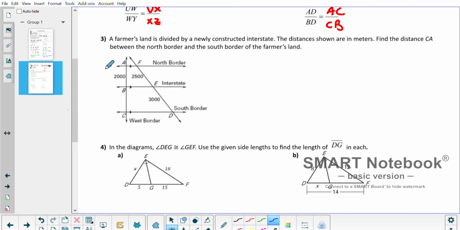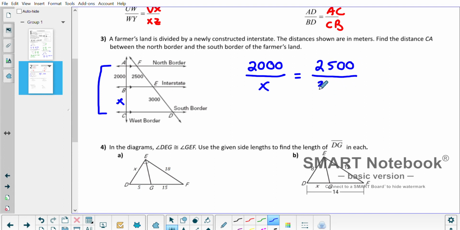So we're actually looking for this whole thing, but using our proportions, we should be able to find BC, which we're going to label X. So if we set up our proportion here, we can say that 2,000 over X is equal to 2,500 over 3,000.